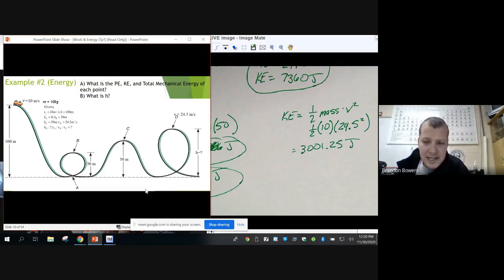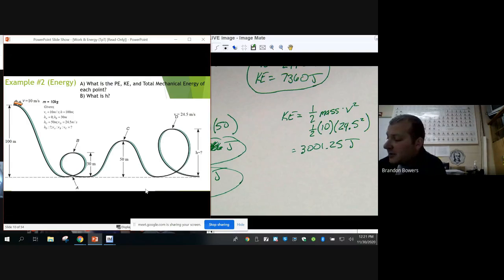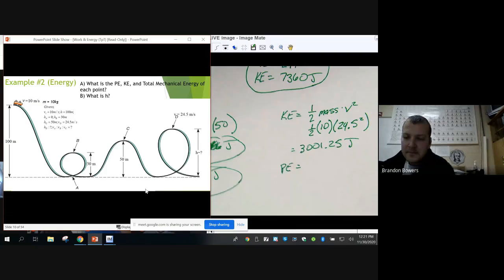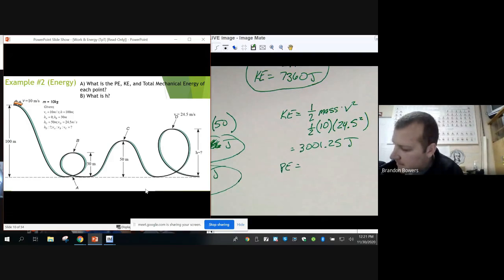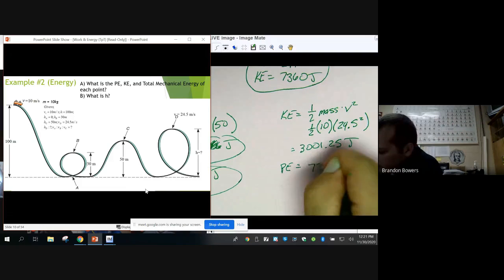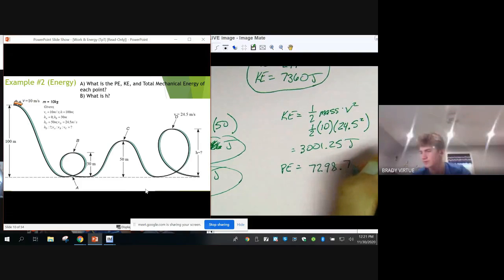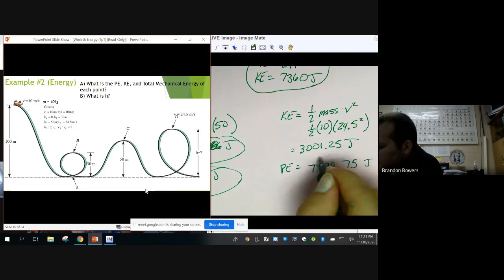So that's our kinetic energy. Now, if we subtract that from our 10,300, what's our potential energy? 7,298.75.